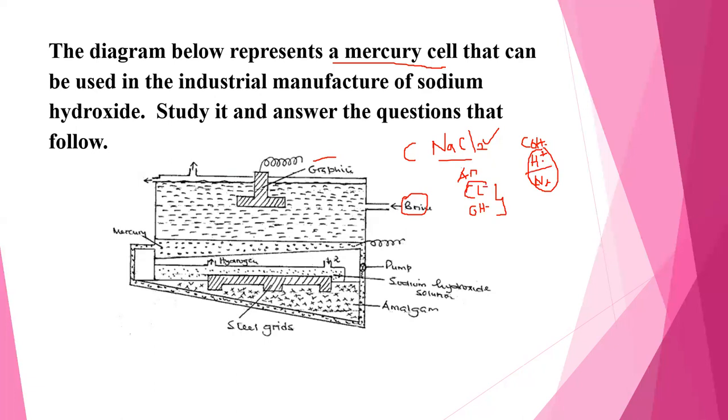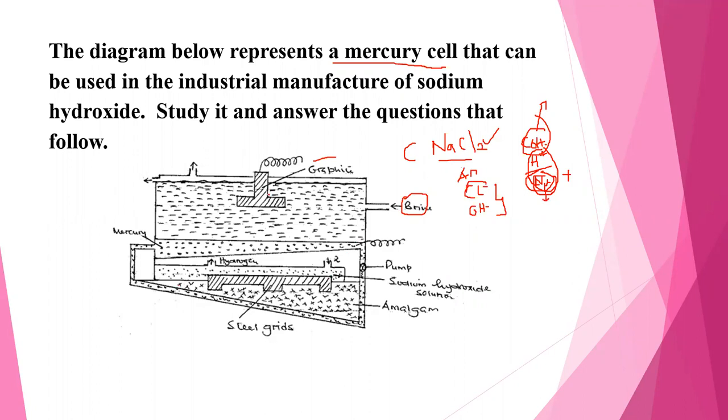So for us to remain with sodium ion, the cathode will be made up of what is called the mercury, because the mercury has a lower tendency, the lower tendency that will make it attract the sodium ion.